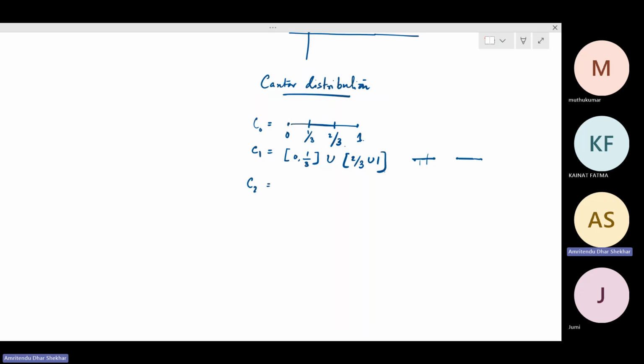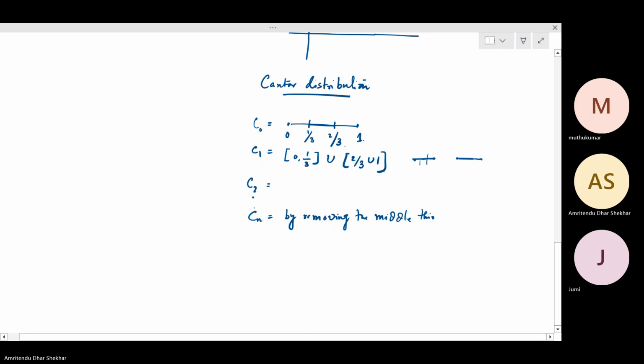So in general, Cn is obtained from Cn minus 1 by removing the middle third of the intervals in Cn minus 1.